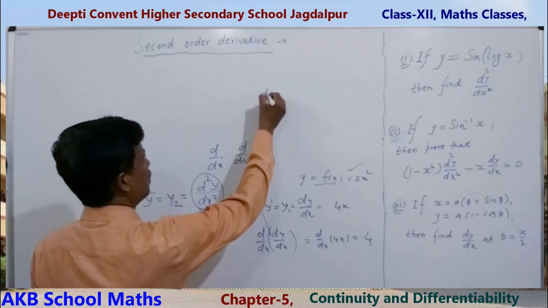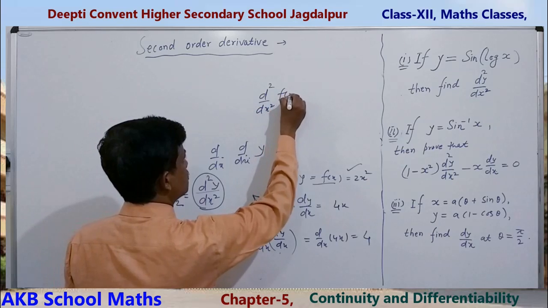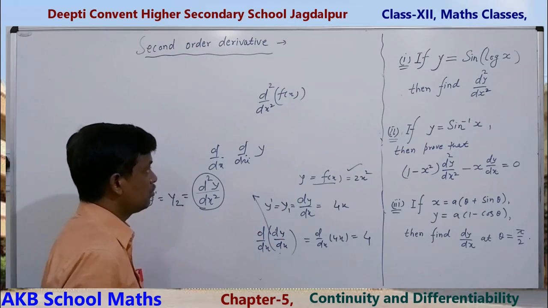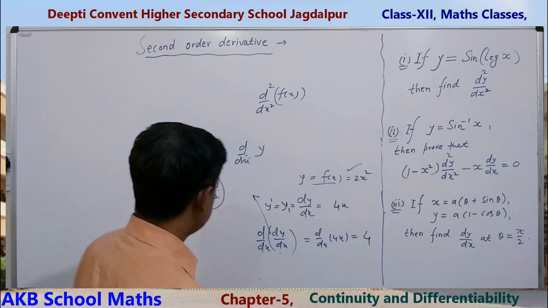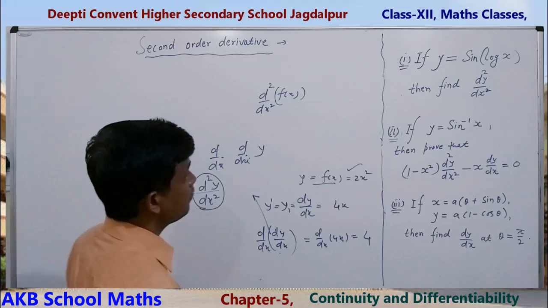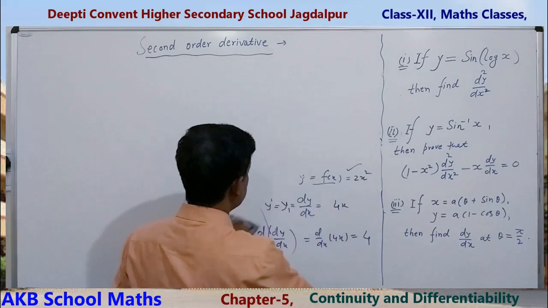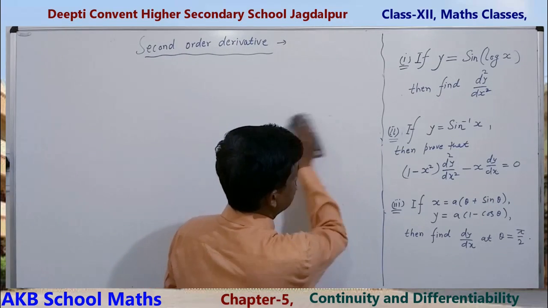You can also write it like this, d2 upon dx square of f(x). You can also get third order derivative, fourth order derivative if it exists. Here we are concerned with only second order derivative. First time differentiate, then again second time differentiate, and find as given in the questions.